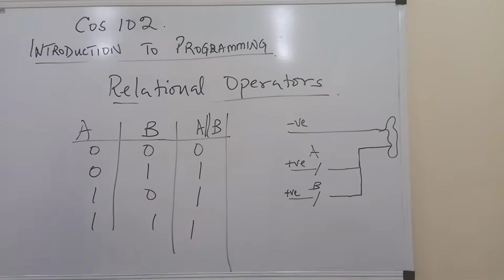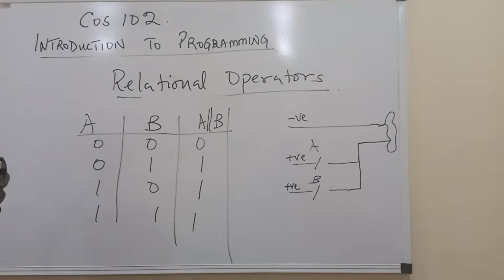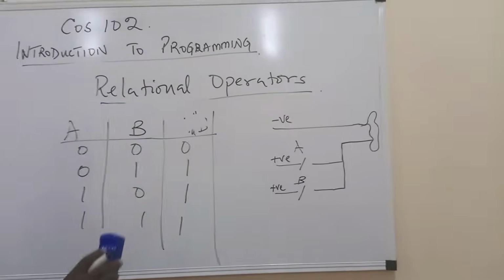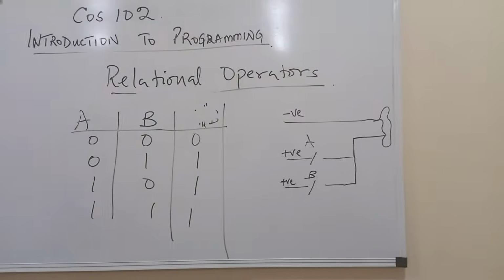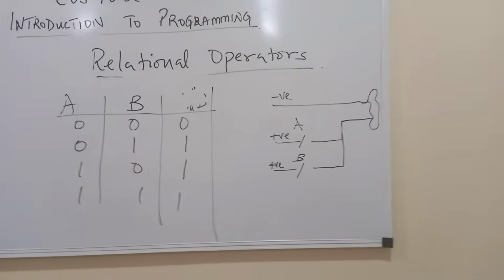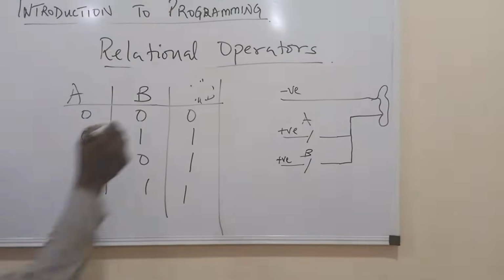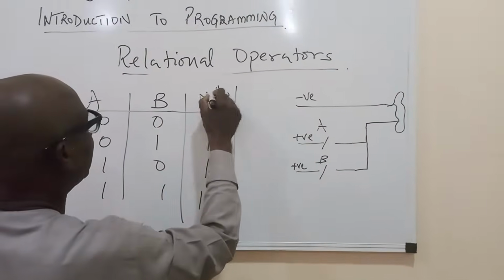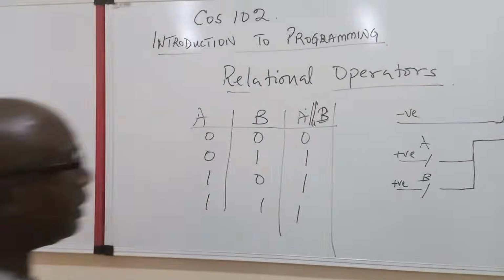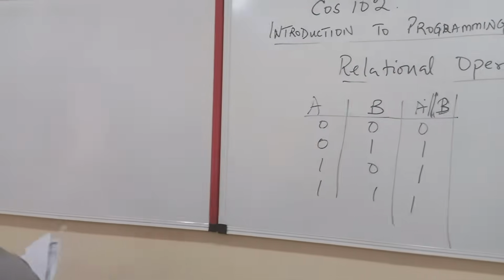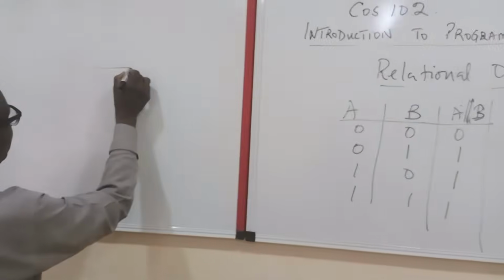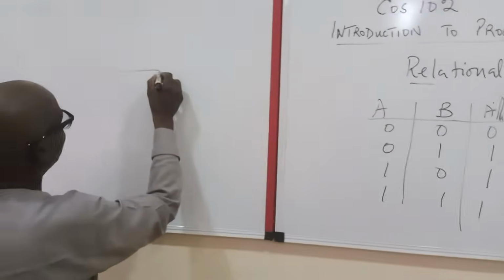Then we look at the AND operator. In the case of the AND operator, we have A and B. We have this bulb coming here.